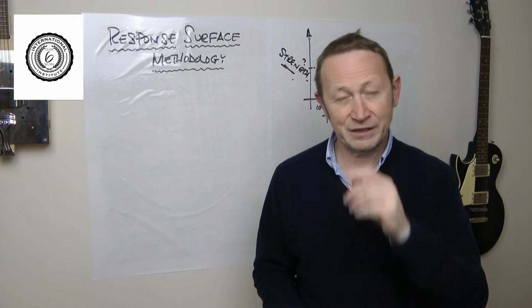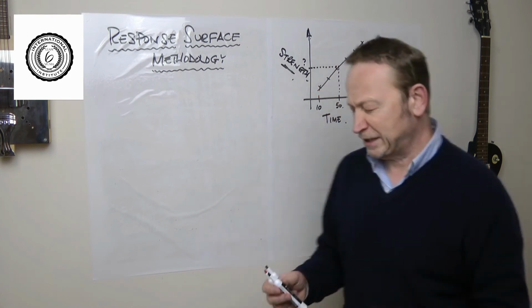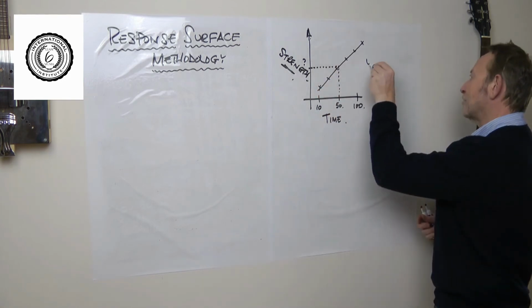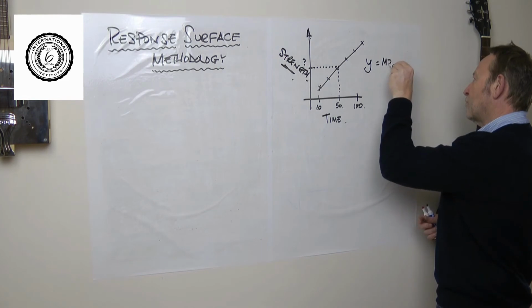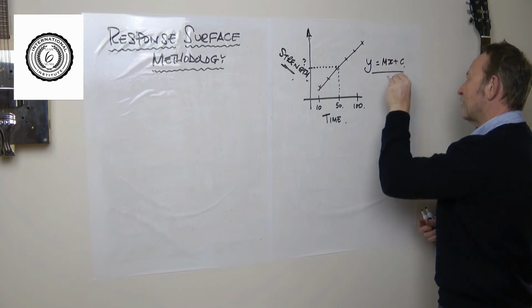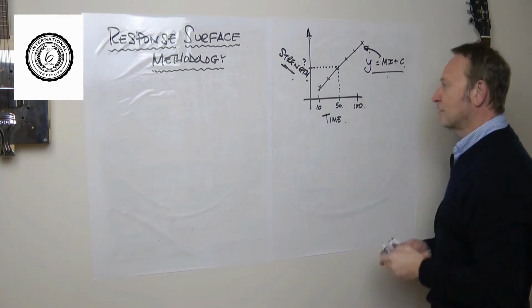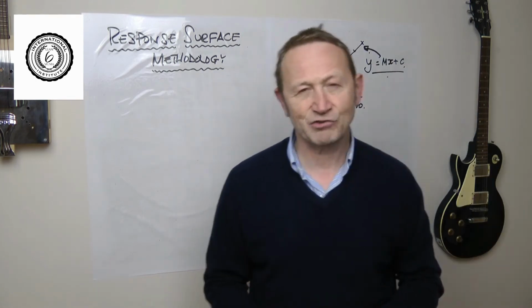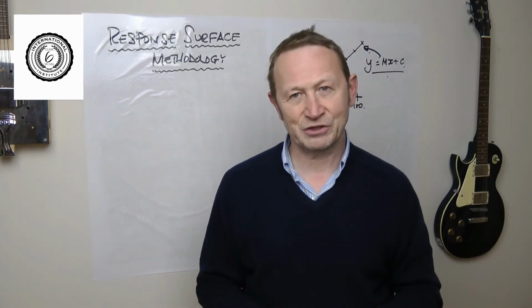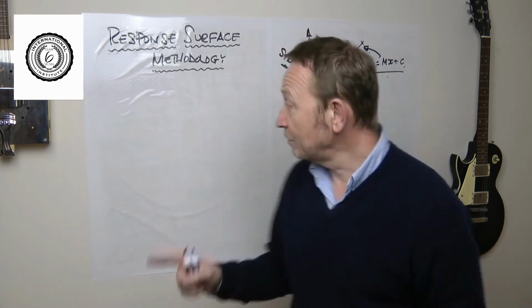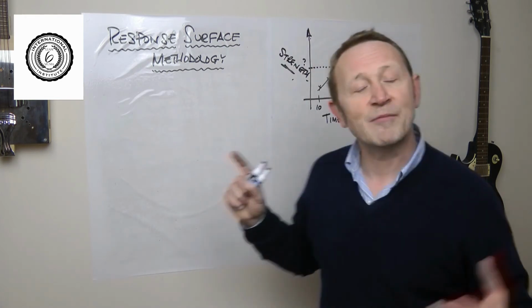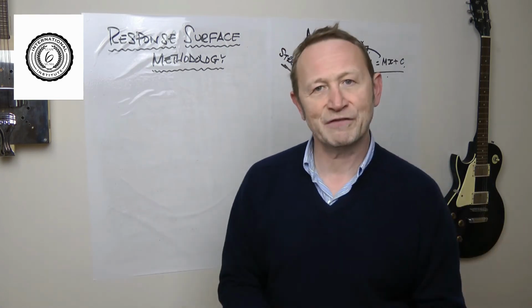It's very easy to understand. You don't really need any mathematics. You're going to have some simple y equals mx plus c equation that represents that straight line. It's very simple to understand. But even so, the diagram is very useful.